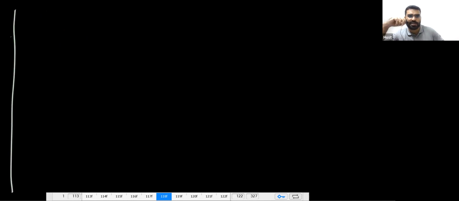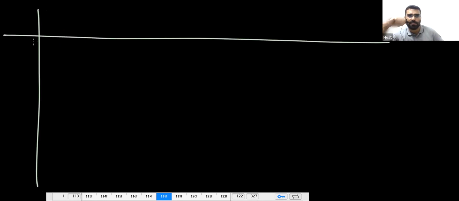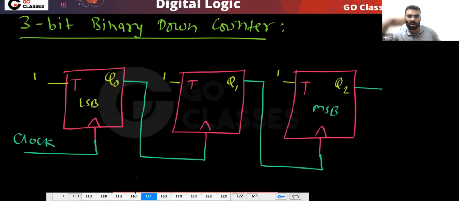Then tell me what will be the next state. You can make the transition diagram, and using the transition diagram you can understand if you want. Okay, for the last time I will create this transition diagram. After this we will not see it again, but please understand this example. This is your binary down counter implementation.